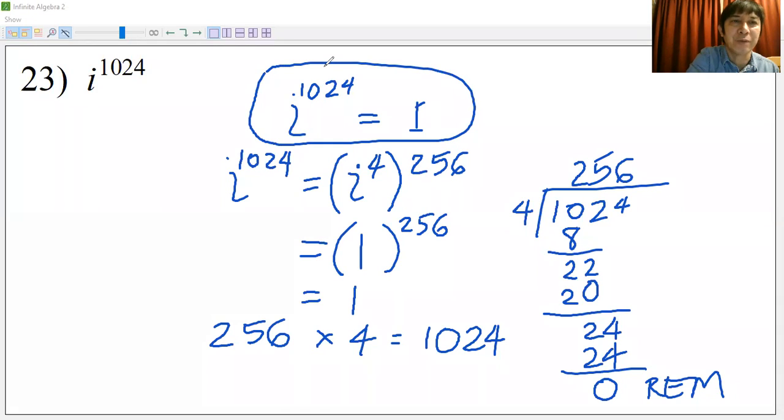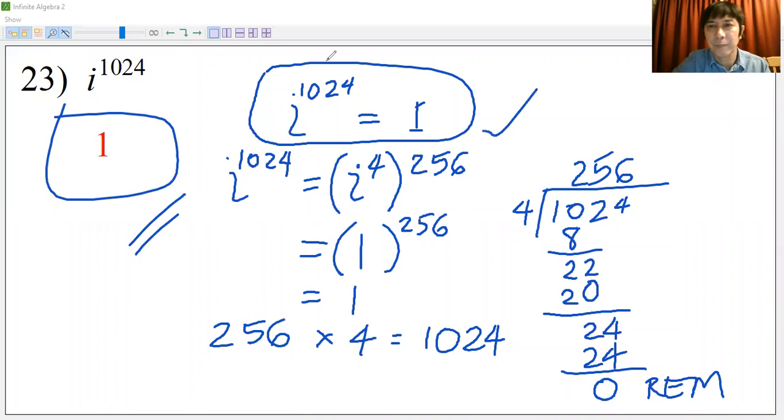And we will be able to verify that from there. Okay, so i to the 1024 is i to the 1. So you only need to use your division by 4 and then take note of the remainder. Okay, take note of the remainder. All right, so that goes to our number 23. Let's have our last number.